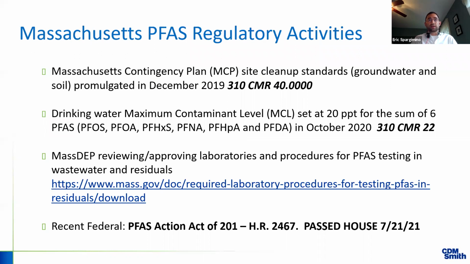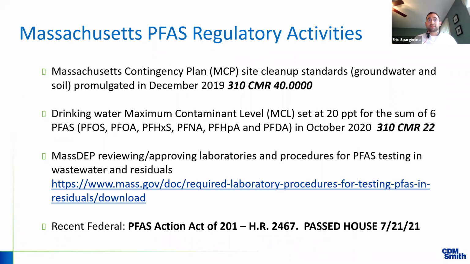So on the regulatory level, Massachusetts DEP has actually been really, really proactive on this. The Massachusetts Contingency Plan, or MCP, Site Cleanup Standards for Groundwater and Soil, was promulgated in December 2019, and that's 310 CMR 40. And the drinking water maximum contaminant level, or MCL, promulgated in October 2020, was set at 20 parts per trillion for the sum of 6 compounds.